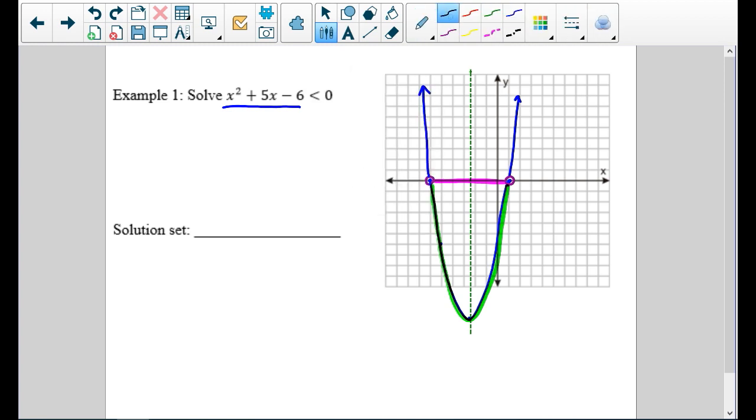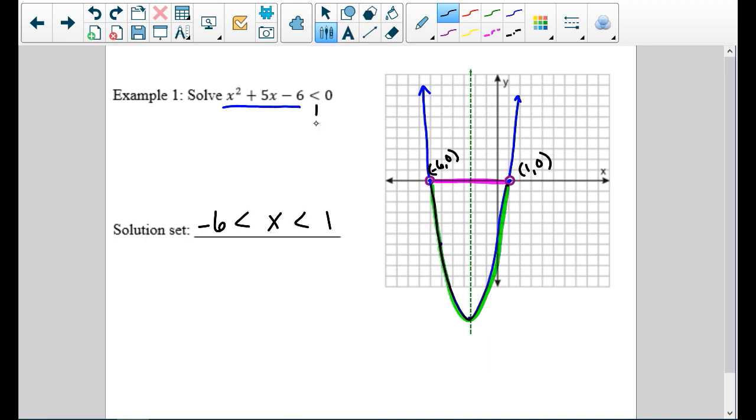So again, this is negative 6, 0. The other x-intercept is 1, 0. So in my solution set, I have negative 6 and I have 1. X is in the middle, so x is in the middle between them. Greater than, less than.